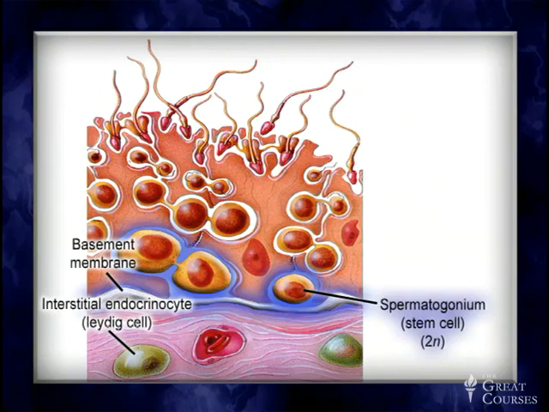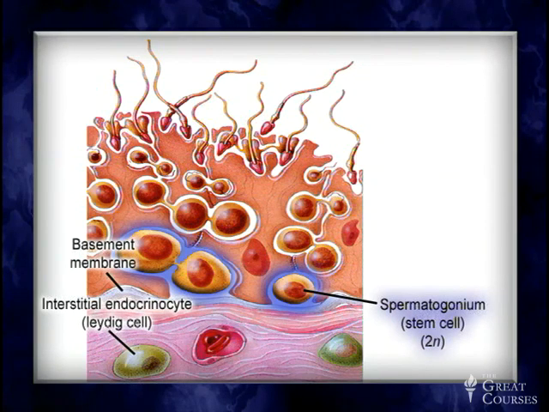N is the number of chromosomes. And when you have the chromosomes of both your mother and your father in a single cell, which every other cell in your body has, except the germ cells, then that's called 2N. N is from the mother, N is from the father, and that number is 2N in these cells because these are just like the rest of your body's cells.